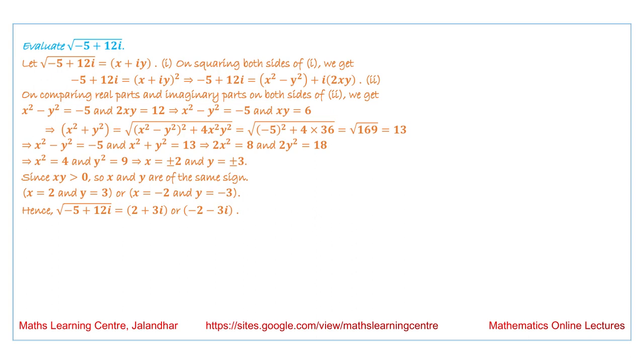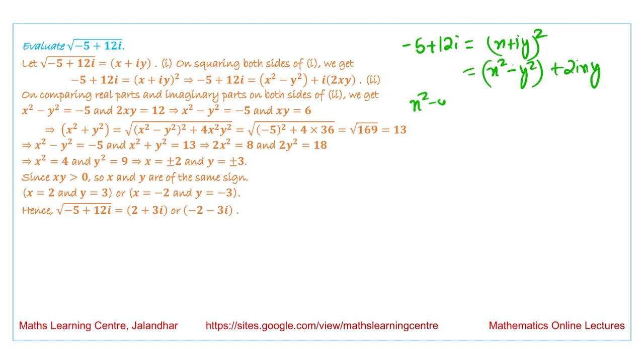Next is the square root of minus 5 plus 12 iota. So again, we write minus 5 plus 12 iota is equal to (x plus iota y) whole square, which is equal to x square minus y square plus 2 iota xy. So we will obtain that x square minus y square is equal to minus 5 and 2xy is equal to 12.